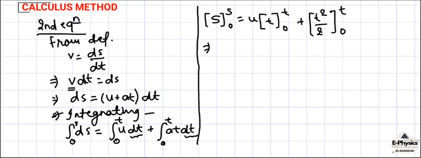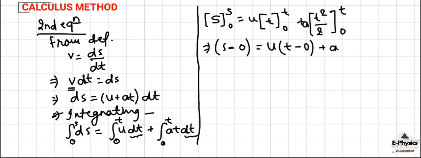Now here the upper limit minus lower limit, that is s minus 0, is equal to u, and in place of t again it is upper limit minus lower limit, plus, sorry, I forgot to write a over here, this is a.